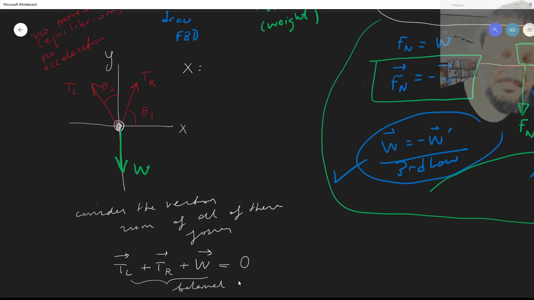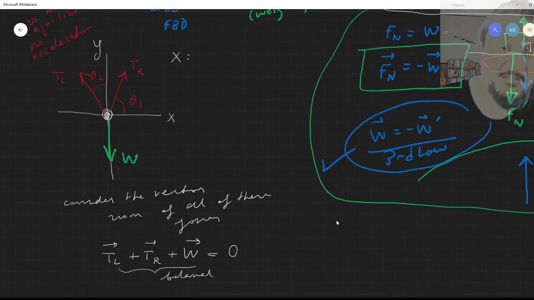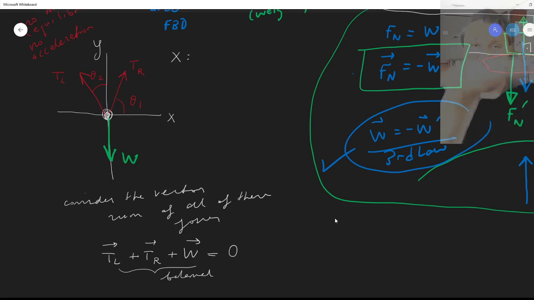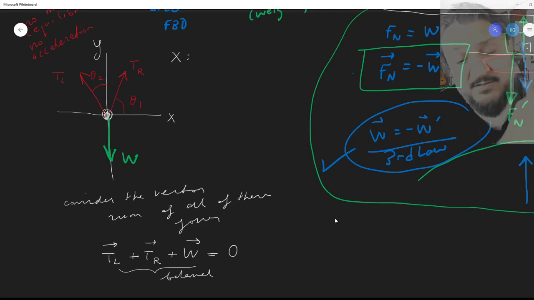Which means the sum should be equal to 0. Now, when we do Newton's second law, this will make very good sense. But even now, it shouldn't be too hard to grasp. When you were holding the object, the forces were in balance. In that case, there were two forces, one up, one down. We just added one more force into the picture. So we have a summation which has 3 vectors. They're added and give us 0.